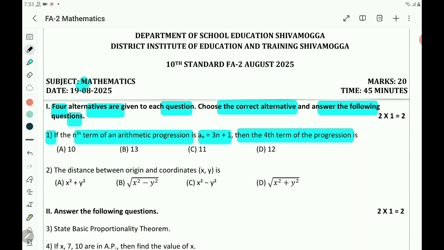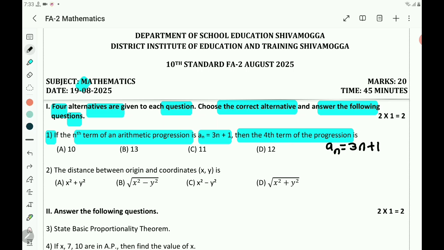Here an is given, an equals 3n plus 1. Which term is asked here?